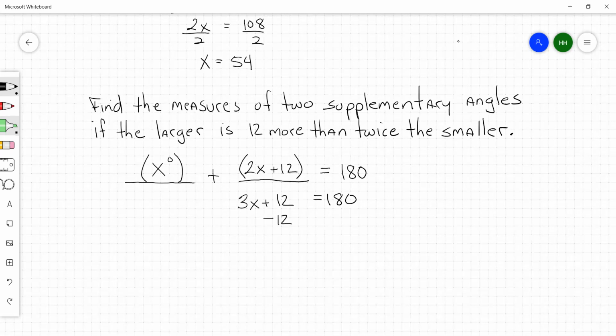Subtract 12. And 3x will equal 168. If you divide both sides by 3, one of the angles is 56 degrees.